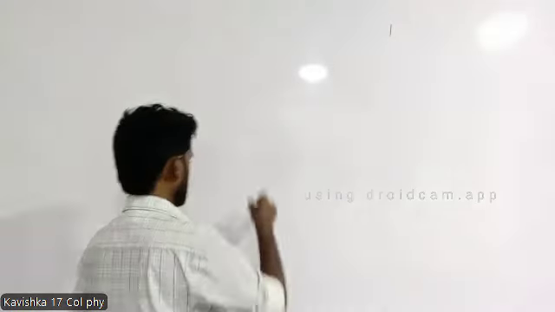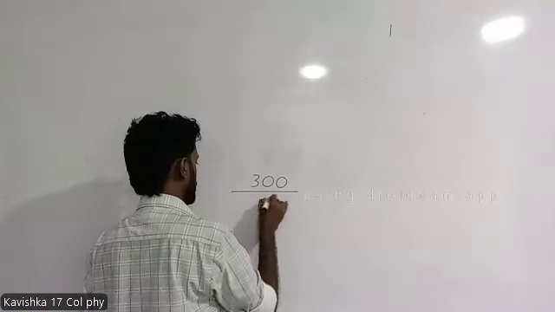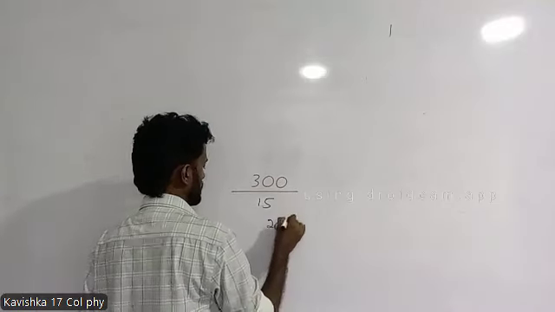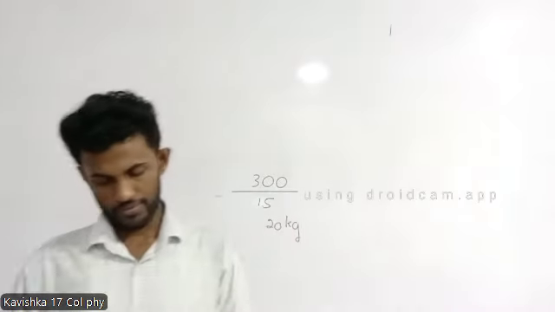Third one: 30 Newton, and 1.5, so 30 divided by 1.5, which is 300 divided by 15, so 20 kilograms.